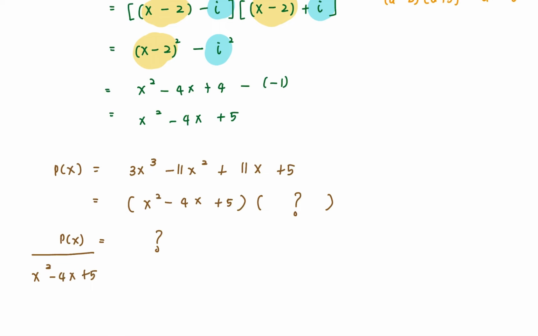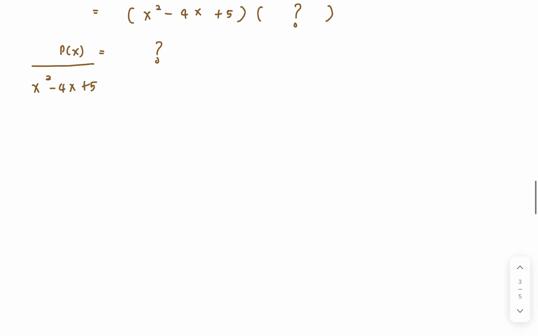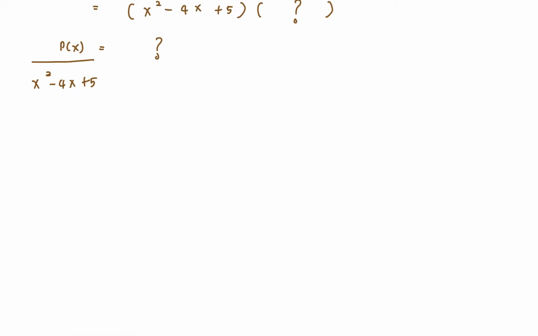Okay. So use the method of long division because this is quadratic. If linear, you can use synthetic division. Okay. So just use the long division method. You have 3x cubed minus 11x squared plus 11x plus 5 divided by x squared minus 4x plus 5. Okay. So what is the number?